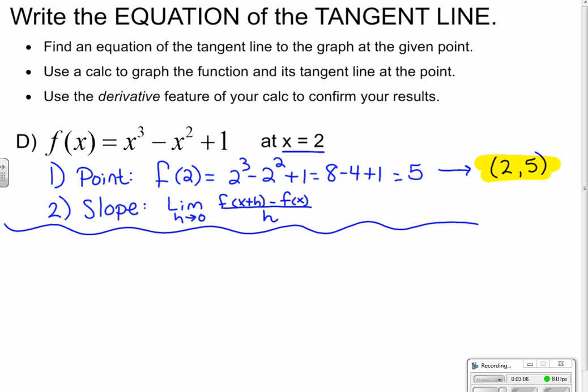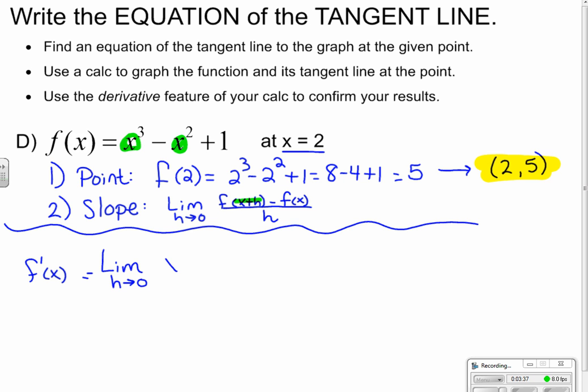For this function, here's our slope calculation: f prime of x equals the limit as h goes to 0. For f of x plus h, I'm evaluating at x plus h, so everywhere I see an x, I'm going to replace that x with x plus h.